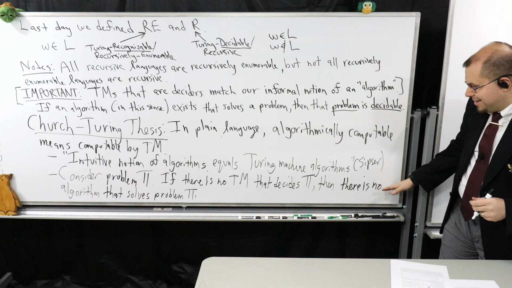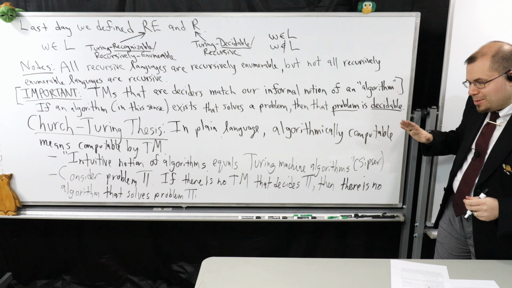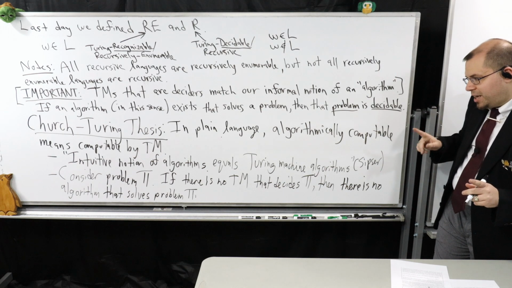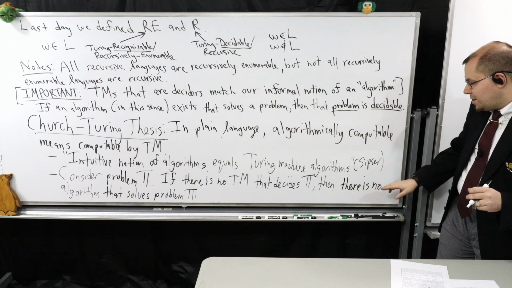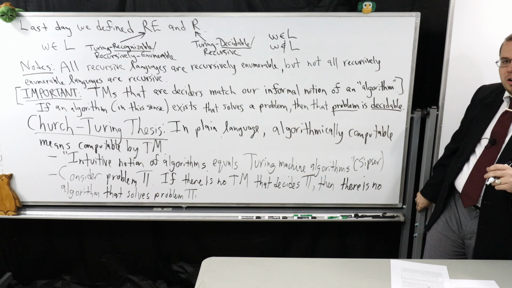So just to reiterate, if I consider some problem pi, if there is no Turing machine that decides pi, then there is no algorithm that solves pi.